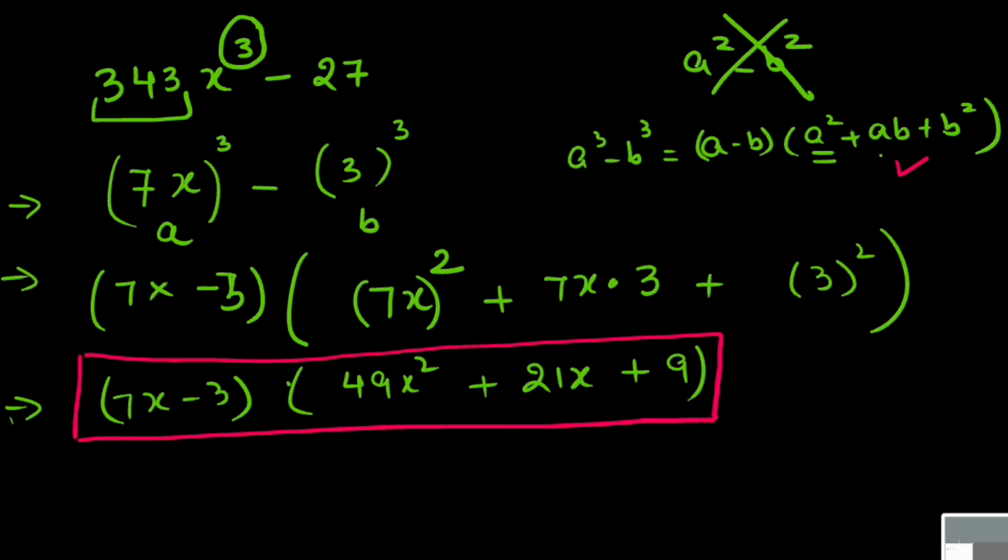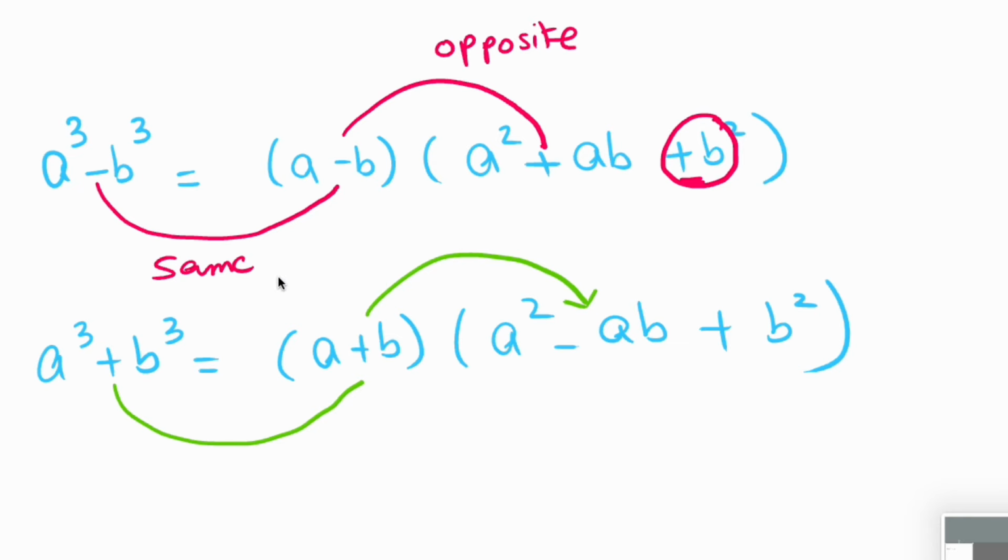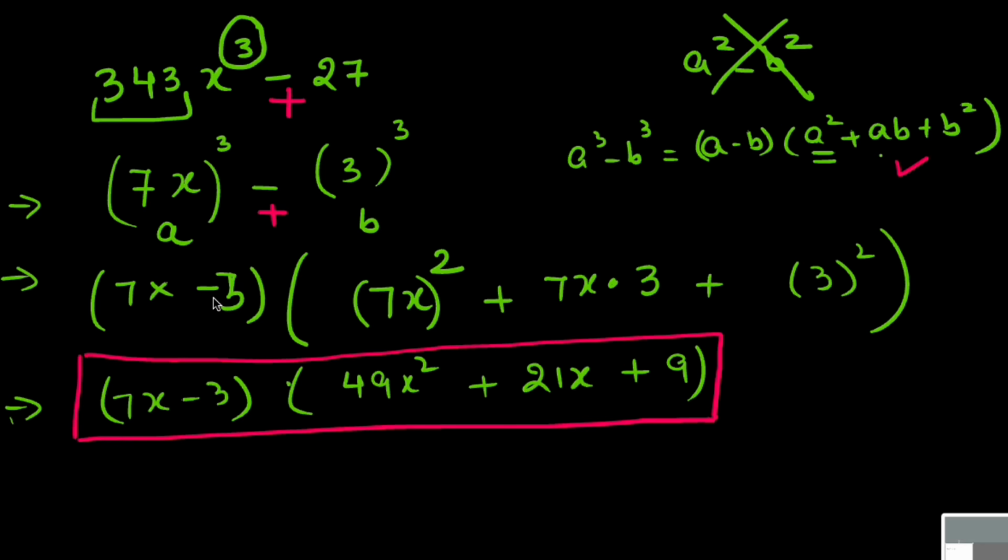Alright. Now, can I do the same question but change the sign for plus? Absolutely. So if I have the same question but with a plus sign, the only thing that will happen here is some signs will change. So in the question I have a plus sign, if you go back and see the formula, you will see that for the plus sign, the first parenthesis has a plus sign and the second parenthesis middle term has a minus sign. So that's what I will do.